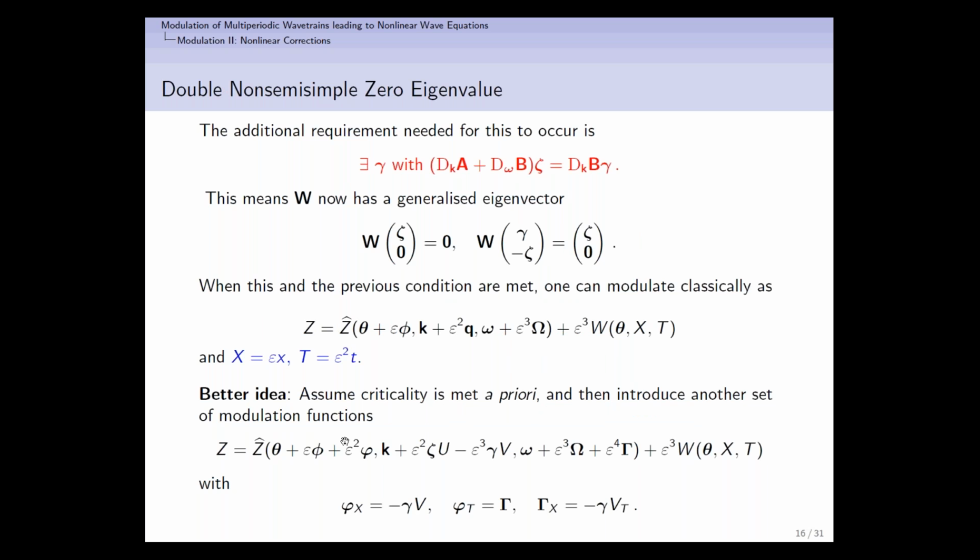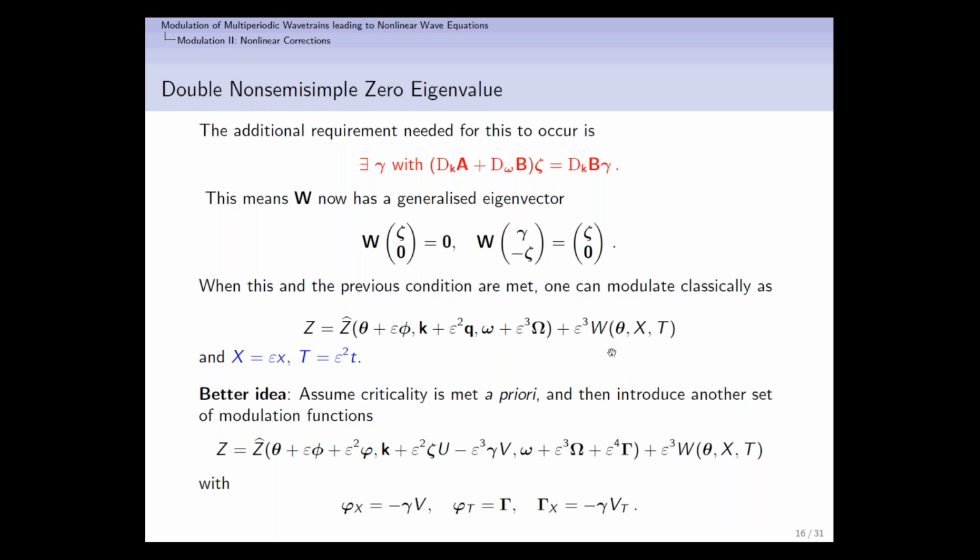So to modulate in that case, we could use this ansatz. The only thing that's changed is the power over here, because the time scaling's changed from epsilon cubed to epsilon t.